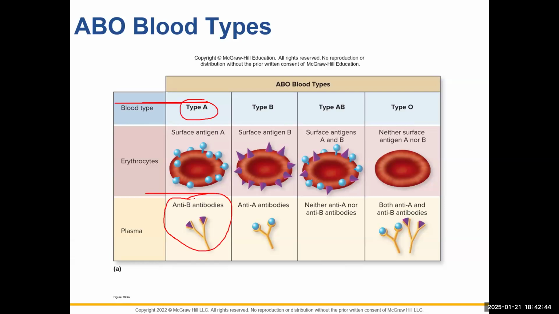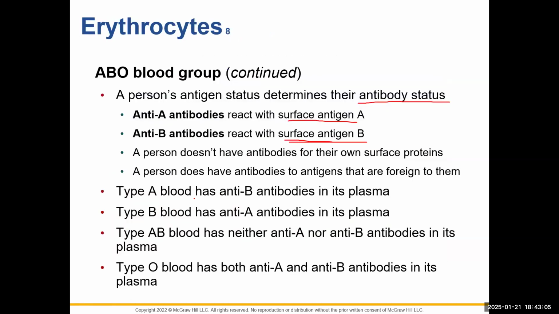Think about it. It would not be good for us to carry antibodies that react with our own surface antigens, because then our own antibodies would be going after our own red blood cells, and it would cause hemolysis, and we could potentially die. So I just wanted to point that out.